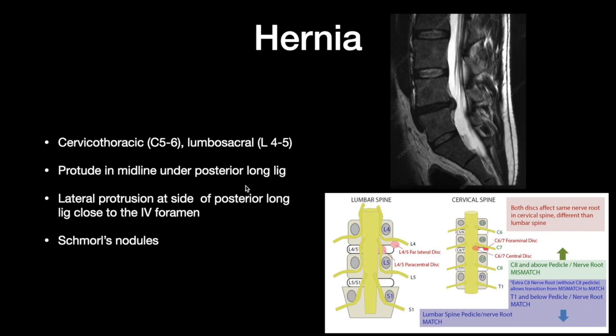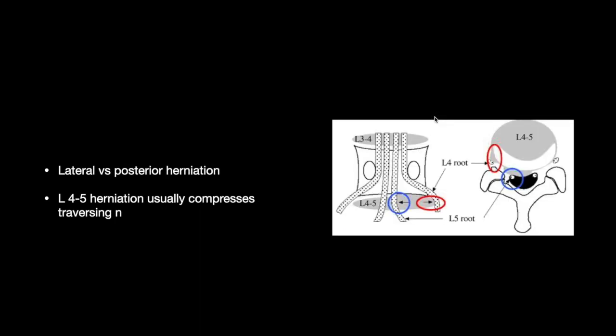The Schmorl's nodule is just where the vertebral disc herniates into the vertebral body. Let's describe the herniation a little bit more. Here, this is the exiting nerve, and this is the transversing nerve.